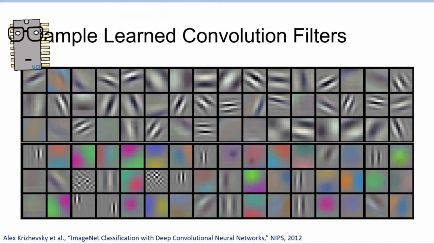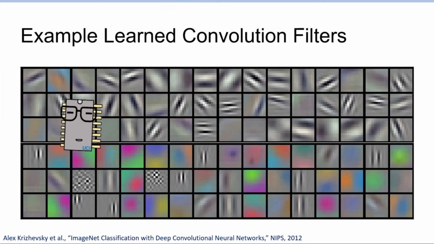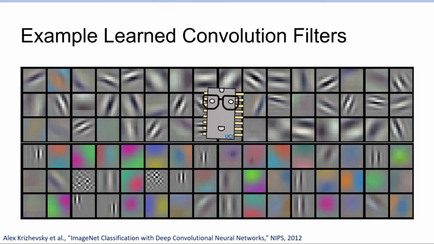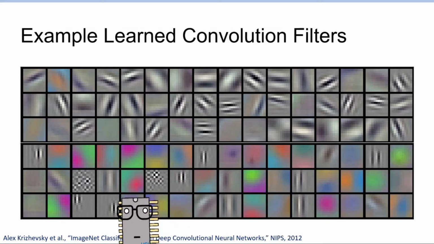Roughly, just looking at it from an intuitive level, we can see some of these filters have been trained to recognize a slanted edge, a horizontal edge, and so on, sometimes color relations and things like that.